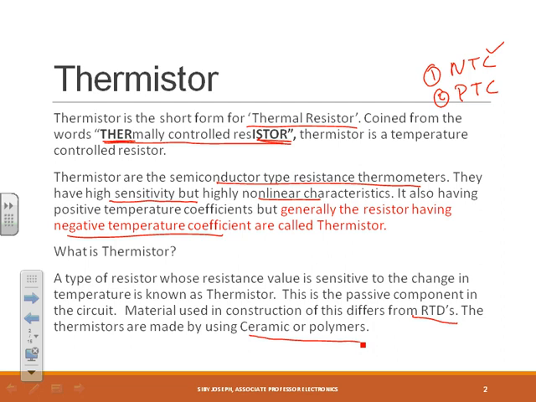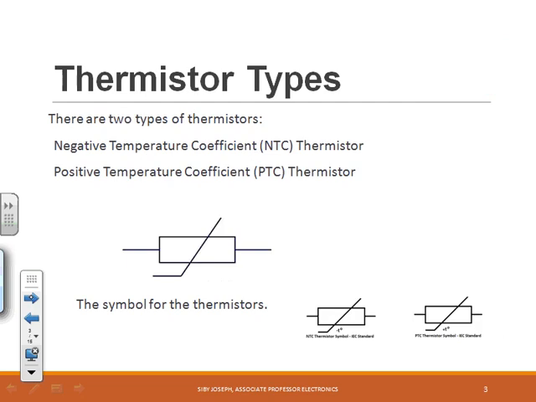So a thermistor can be defined as a temperature sensitive resistance. As I said earlier, there are two types of thermistors. The first is called a negative temperature coefficient thermistor, and the second is called a positive temperature coefficient thermistor. And this is the symbolic representation of the thermistors.